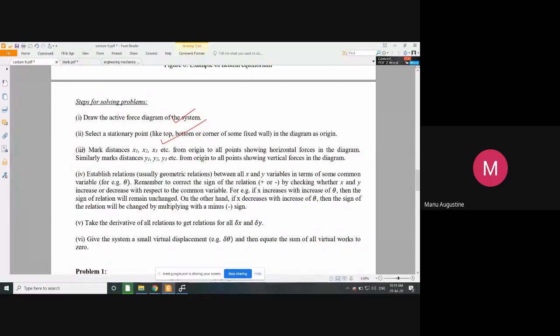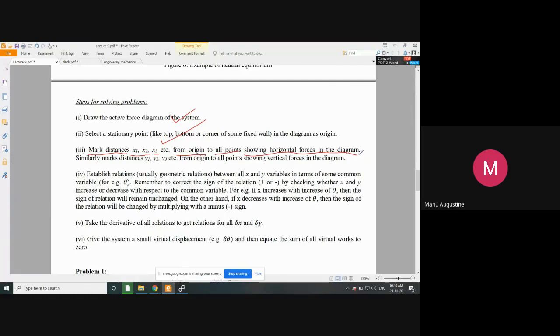Now coming to step 3, it says mark the distances x1, x2, x3, etc. from the origin to all those points which carry horizontal forces in the diagram.